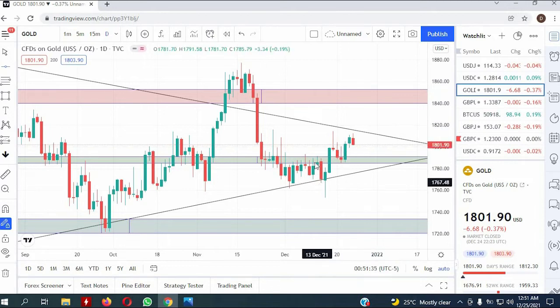As you can see, the gold broke through this area right here and made a pullback and a bull engulfing candle with significant buy pressure. So the gold is expected to push further up into this area.